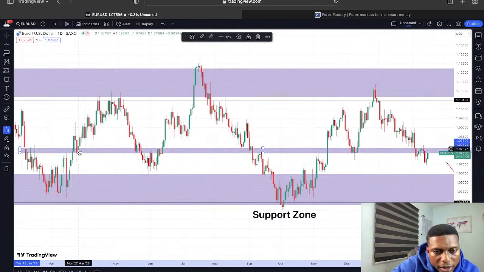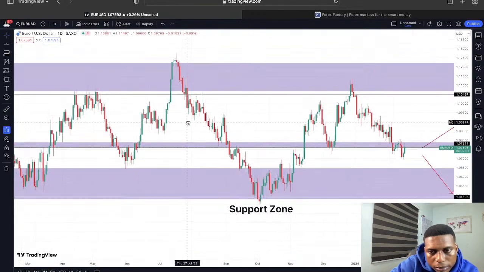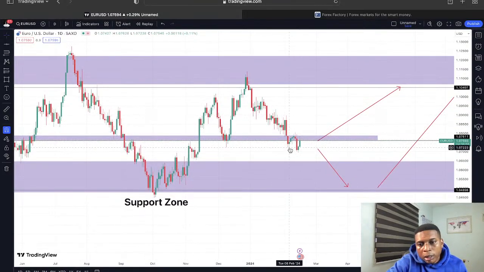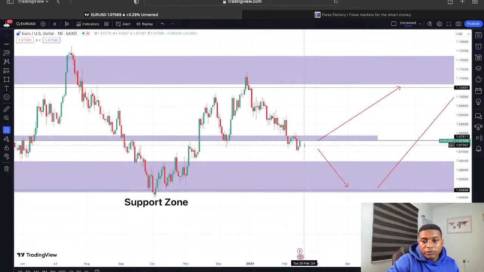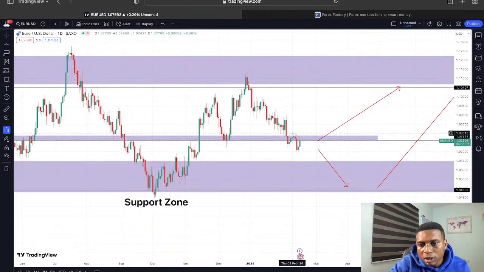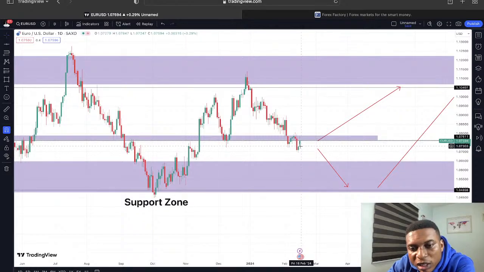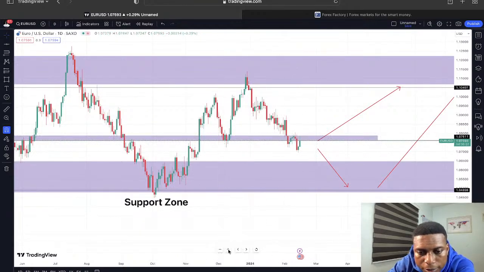You can see it here, it has acted as key support. So we can see the same here now. Market has broken out of that key support zone. Now the key support zone has become a key resistance zone, and that is why even with this bullish candle that has formed here, we can see that there is sell pressure coming in.